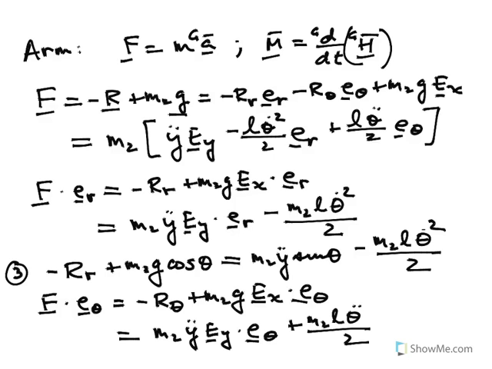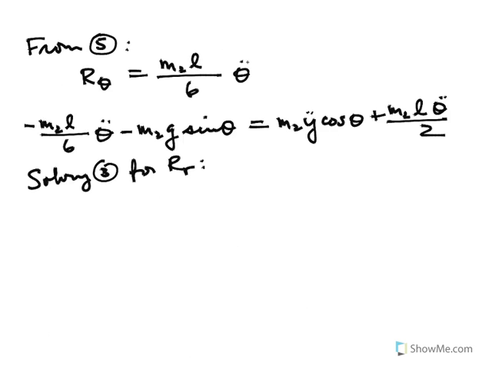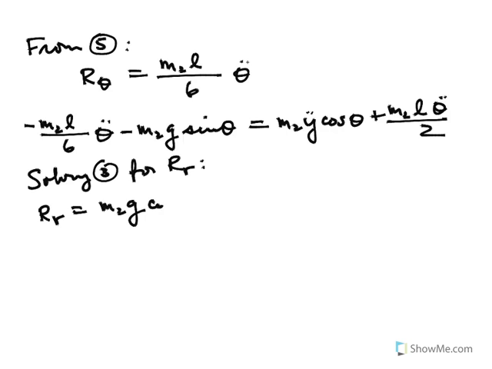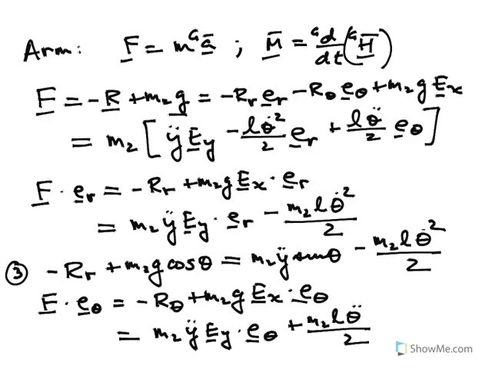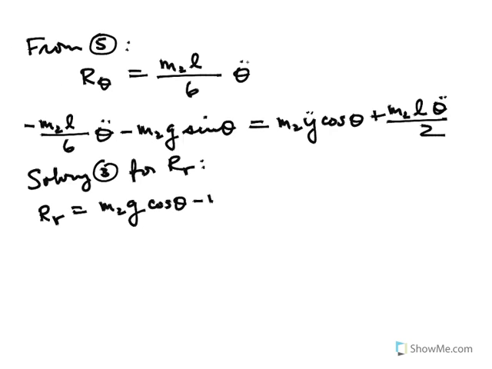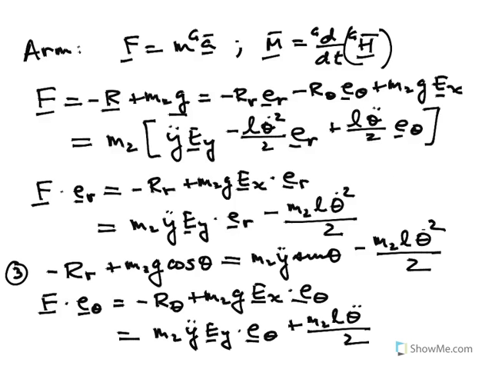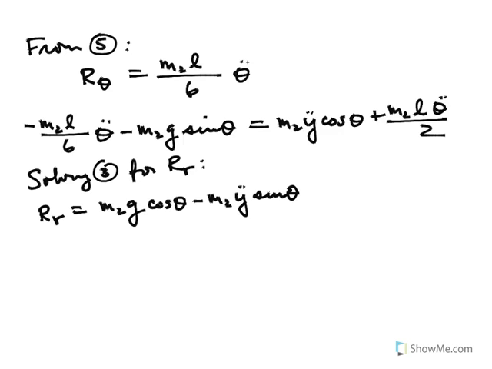So I get R sub R is equal to m2g times the cosine of theta, minus m2y double dot sine of theta, plus m2L theta dot squared over 2. So that's R sub R.